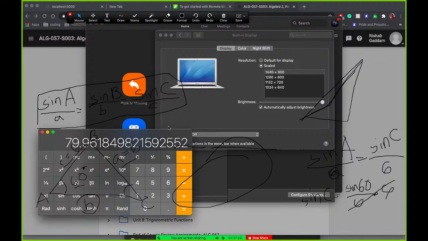And we already know that C is 60 at this point. So we have 60, and we take the sine of that, and then you take the inverse sine of that, and you get 60.